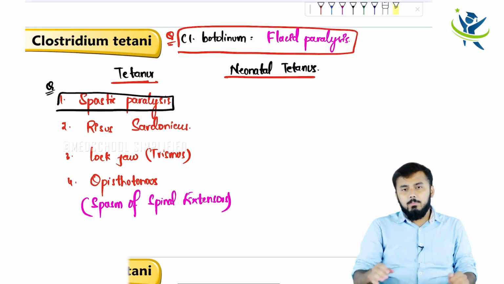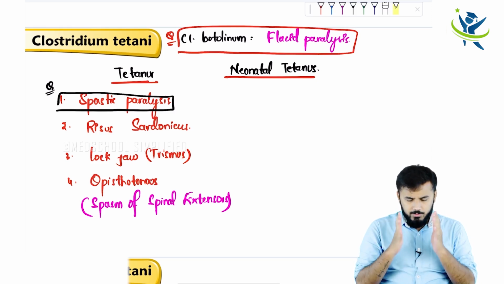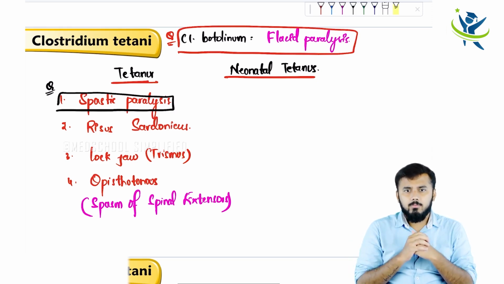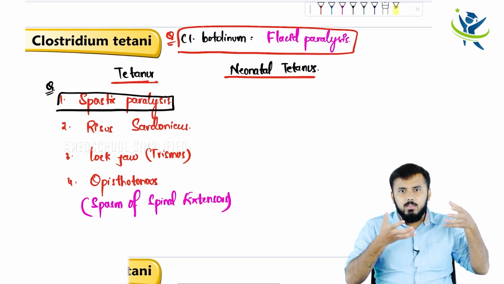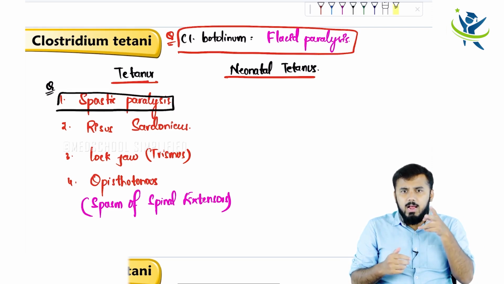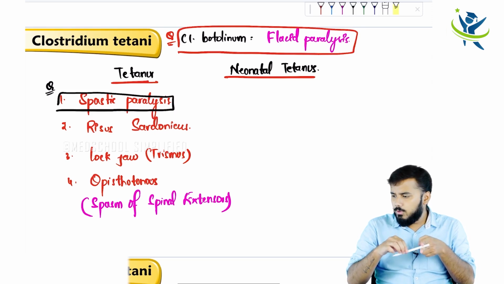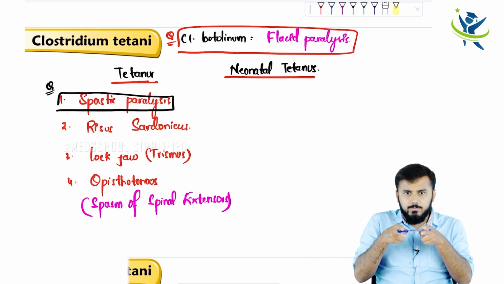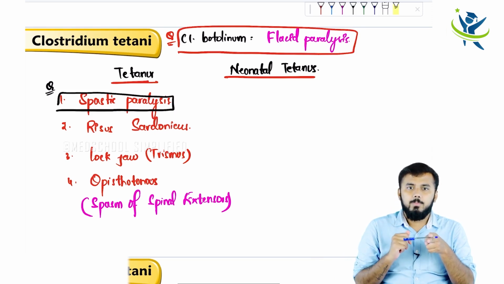Neonatal tetanus is, for example, if a mother is delivering today by a normal delivery, then along with the baby, you even see the umbilical cord, right? The moment the baby comes out of the vagina, doctors put an artery forceps on the cord, and then they cut the cord in between.